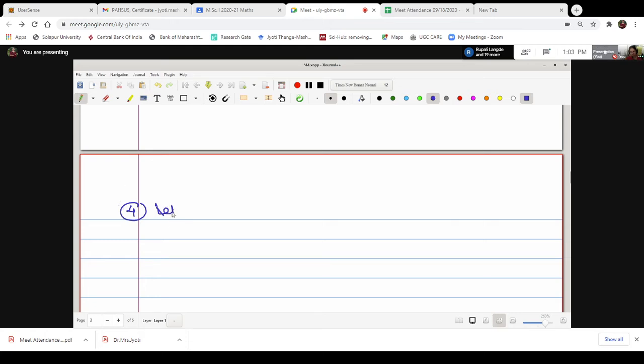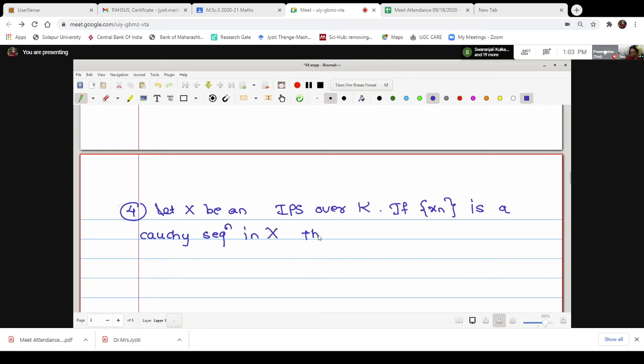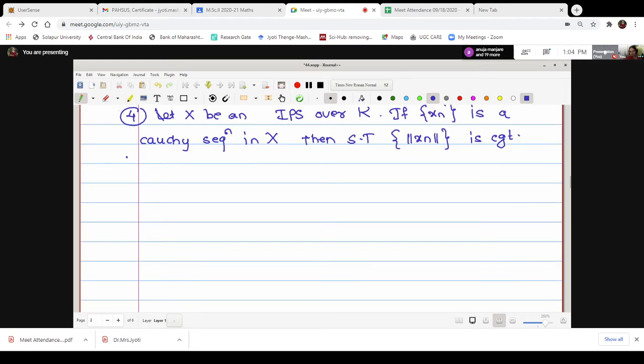Let X be an inner product space over K. If xn is a Cauchy sequence in X, then show that the sequence norm xn is convergent.